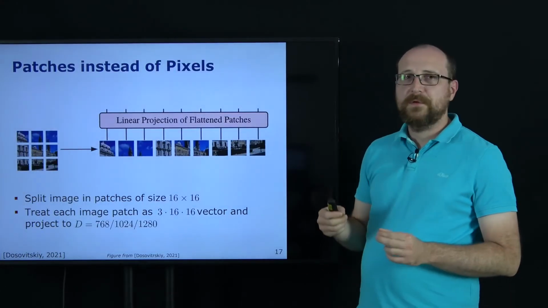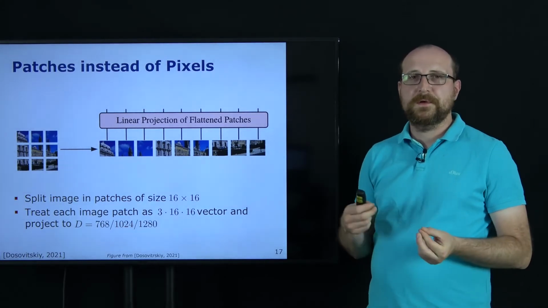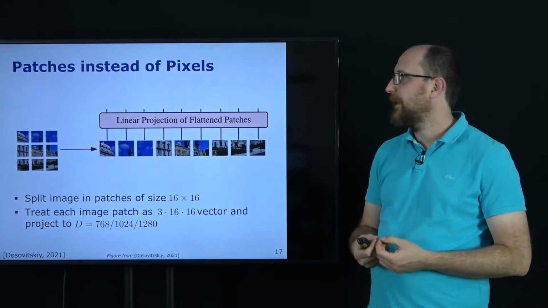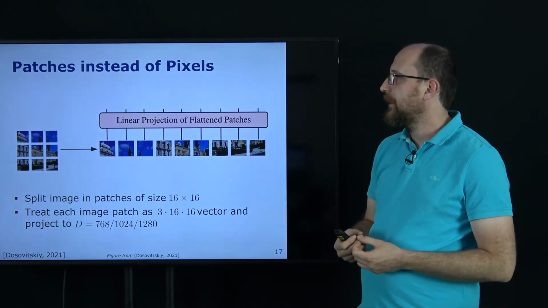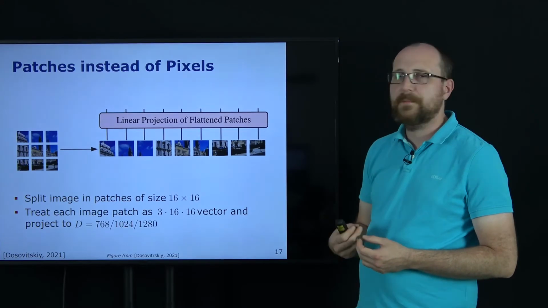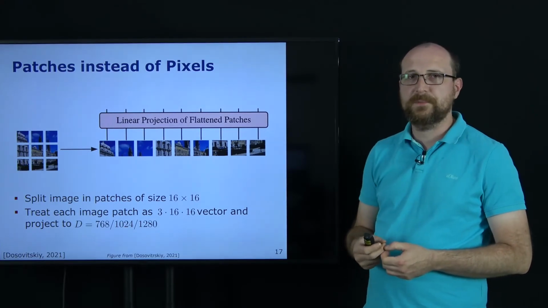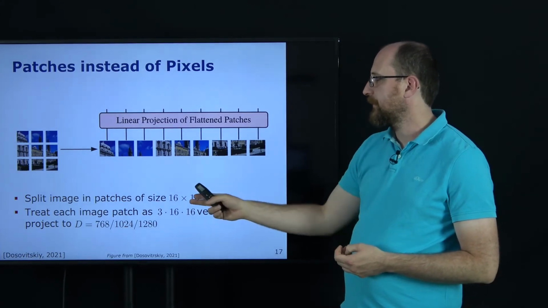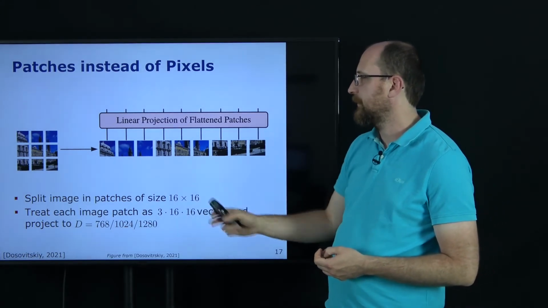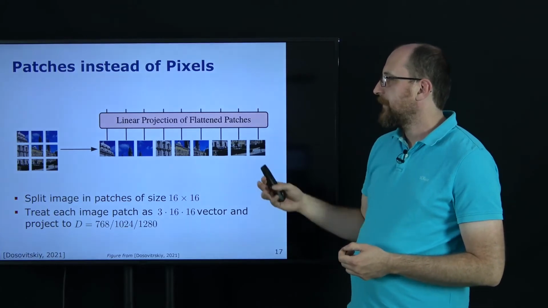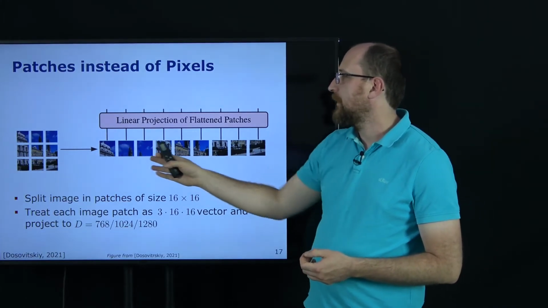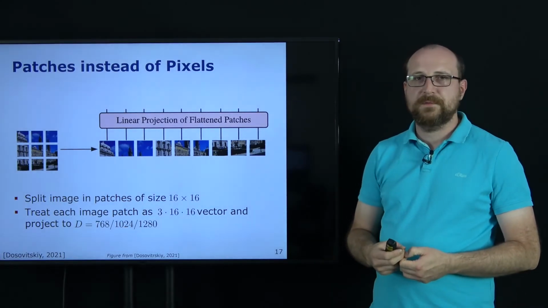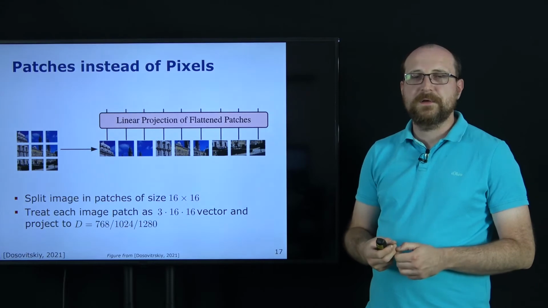To get rid of this problem with the self-attention, that we have to produce an n by n dimensional matrix, we are not using pixels, but we are using patches. So we are splitting the image into patches of size 16 by 16. This gives us only a limited number of embedding vectors that we want to have for our self-attention.